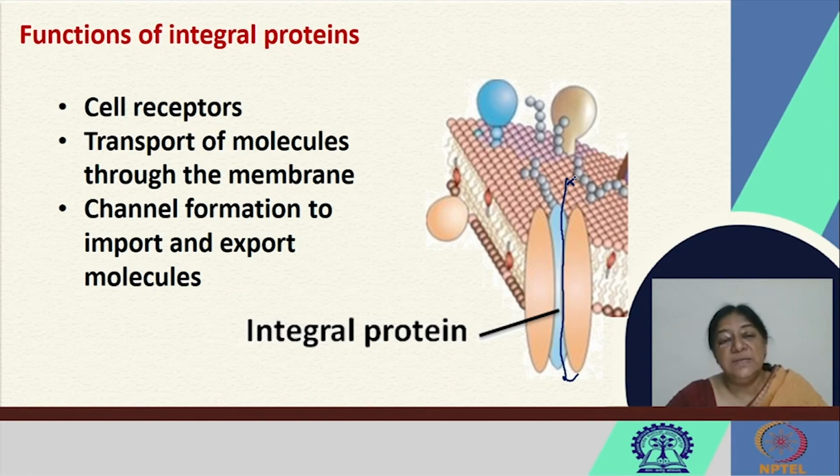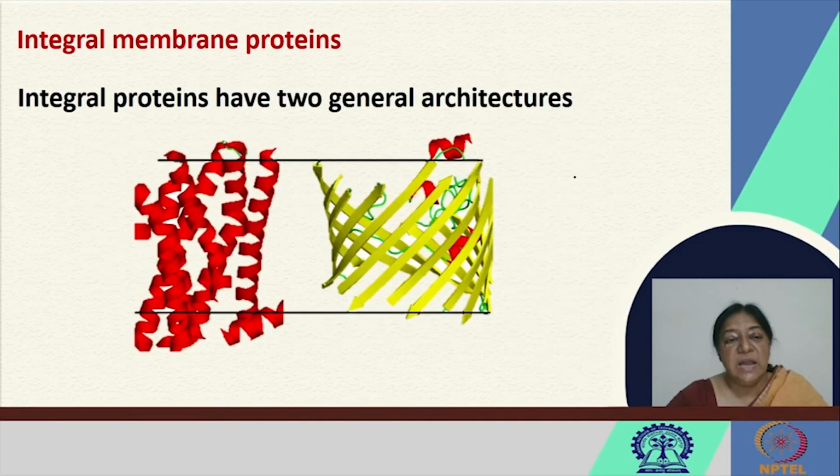There are specific components, such as a specific membrane potential, that is important for the channel formation and the transport of material from the inside to the outside of the cell and from the outside to the inside of the cell. We will be looking at this in detail in our discussions on membrane transport.